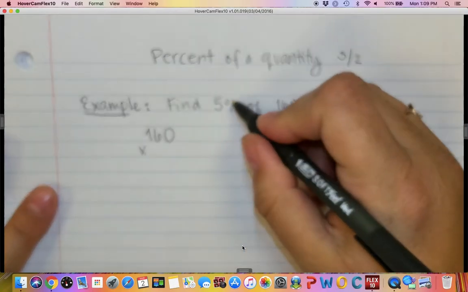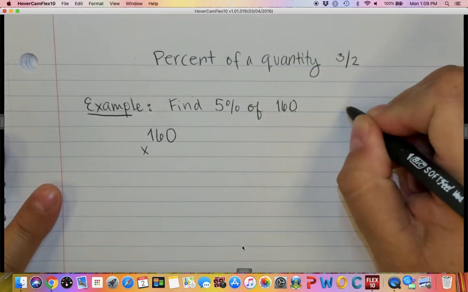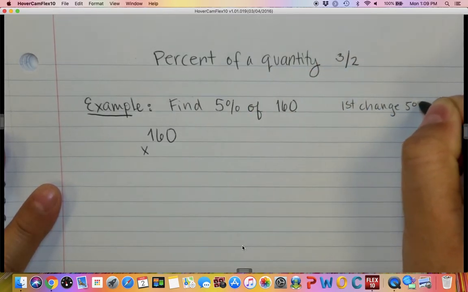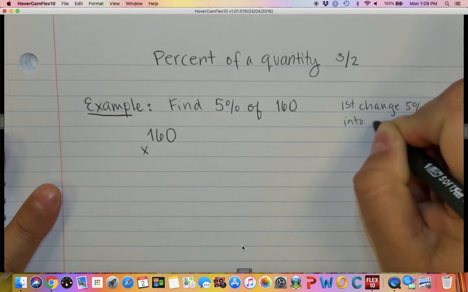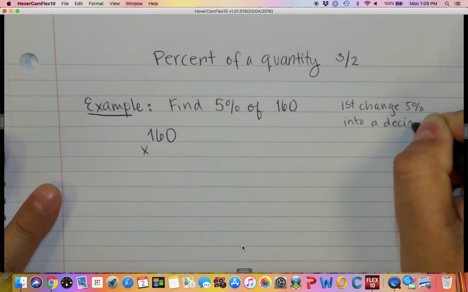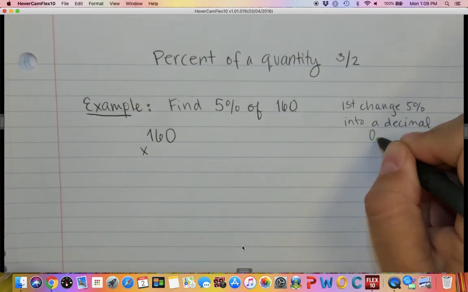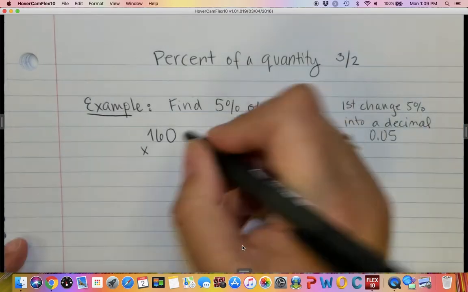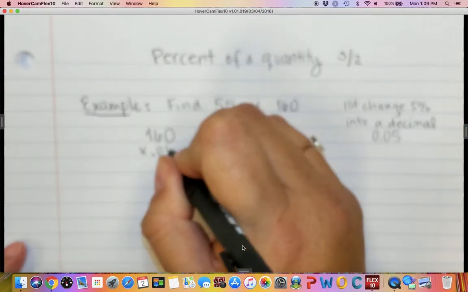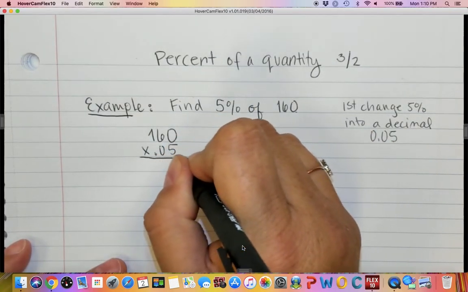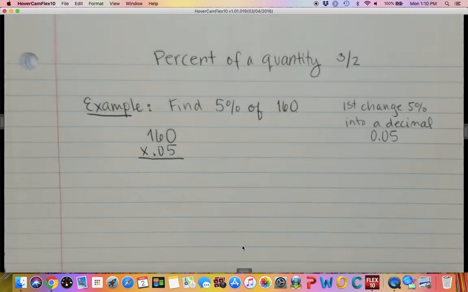What I have to do is change 5% into a decimal. So 5% is also 0.05. It's 5 hundredths. And then I'm going to multiply.